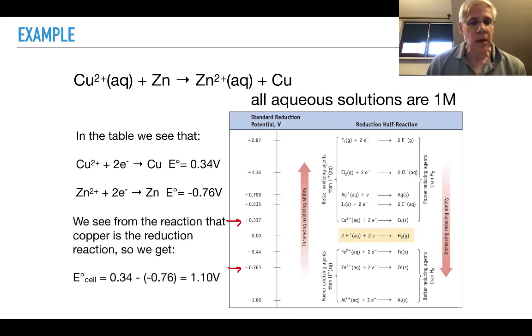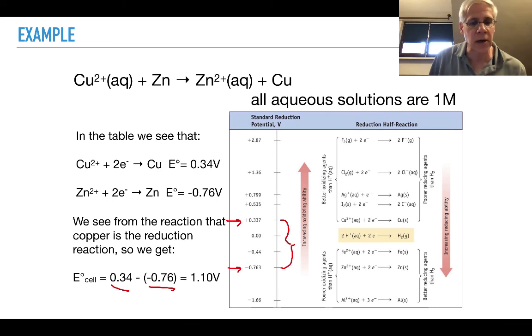Okay, so copper is the reduction reaction, so that will be the cathode. So we're going to have E cathode minus E anode. Since we use E anode, we use the reduction potential of the anode. So we have the 0.34 for the copper minus the negative 0.76 of the zinc. Really all we're doing is asking, what is the difference between these two values?